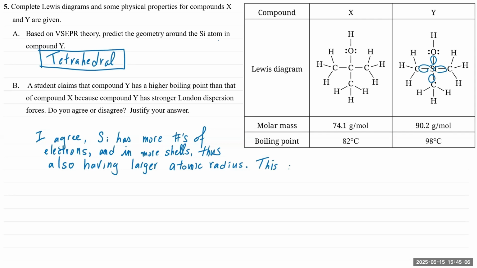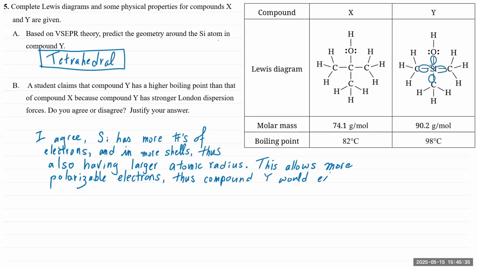This allows more polarizable electrons. Thus, compound Y would exhibit a stronger London dispersion force. Okay, let's move on.